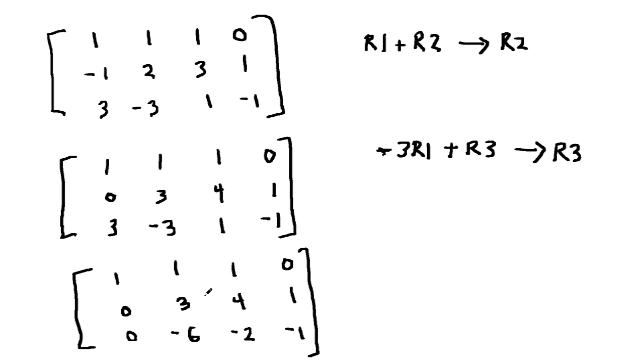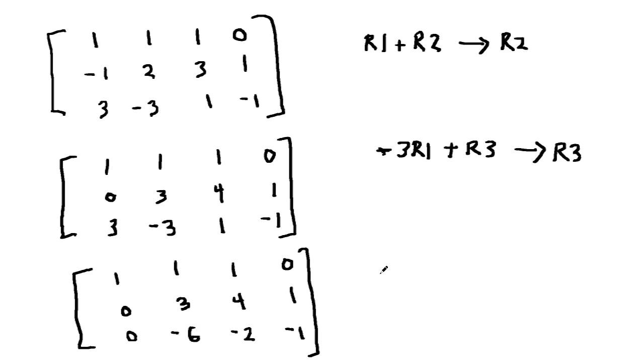Let's focus here on the second and third equations. We want to try to get rid of that minus 6 there. If we were to multiply the second row by 2, we would get a 6 here. And then we'll be able to add that to the third equation and cancel out that minus 6.